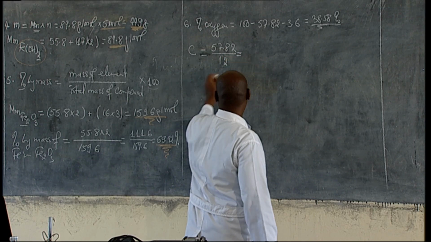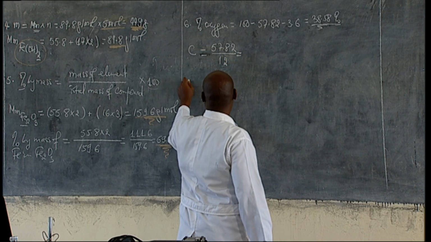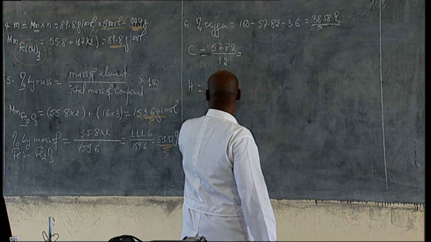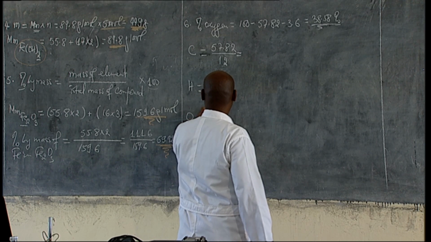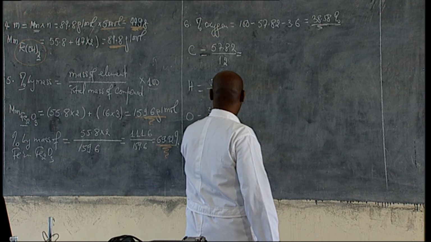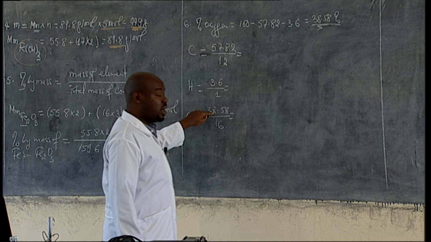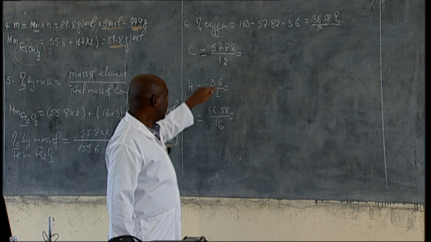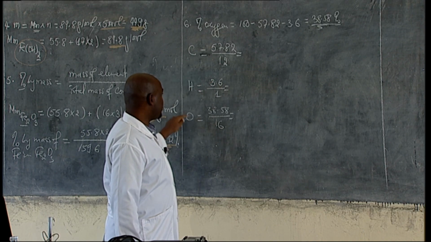For hydrogen, we have 3.6 over 1, and for oxygen, it's 38.58 over 16. These are masses in 100 grams, and these are molar masses for these elements, okay?